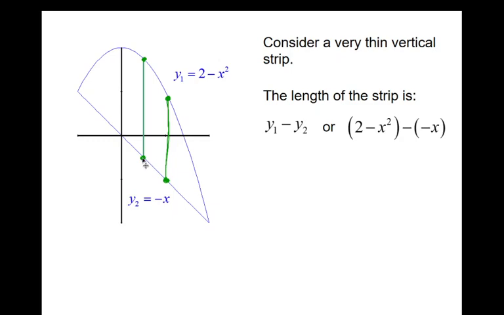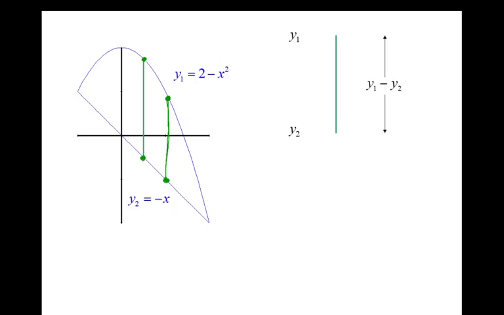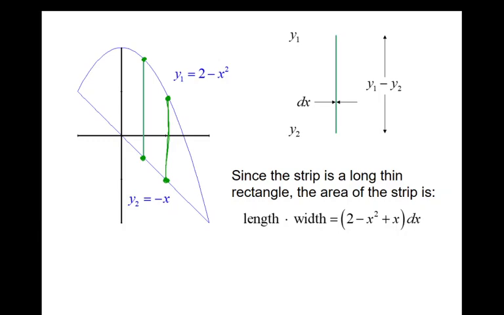So I'm trying to find area, right? So area is length times width. So since the width of the strip is a very small change in x, we could just call it dx, because that's what we know dx is. It's the differential x, a small change in x. So that means my length times width basically is going to be y1 minus y2 times dx.